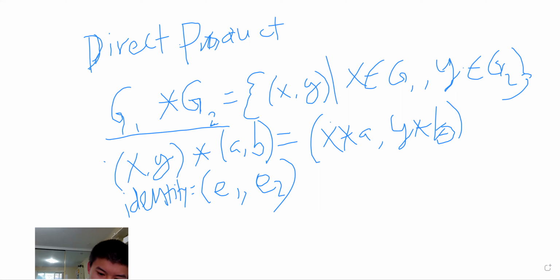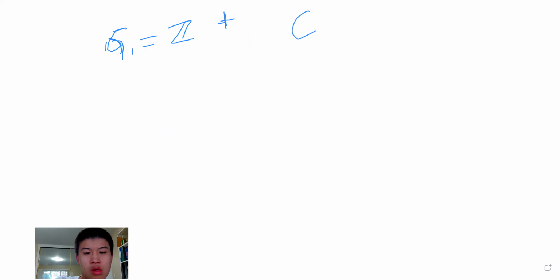So let's take a look at an example. Let me clear my screen. Okay. So let's say G1 is the integers under addition. And G2 will be the four roots of unity, 1, i, -1, -i, under multiplication.